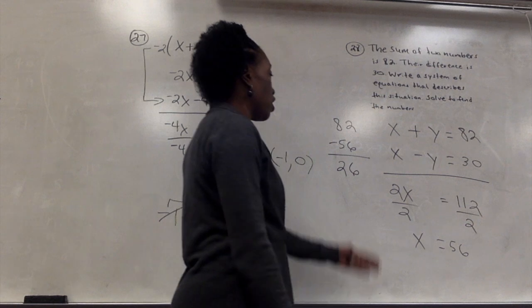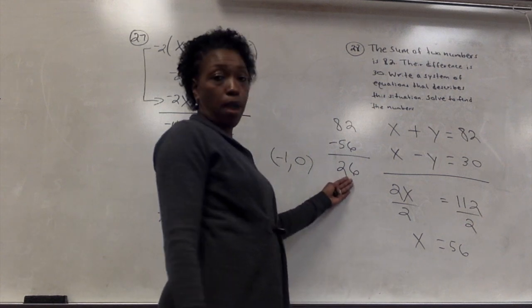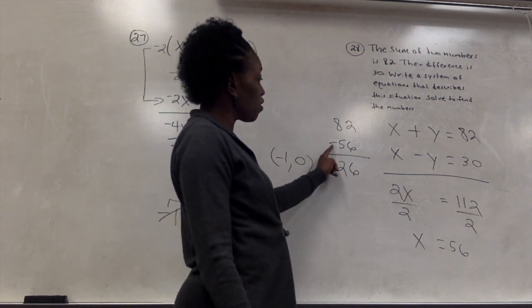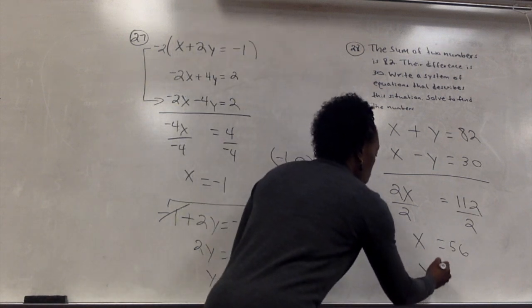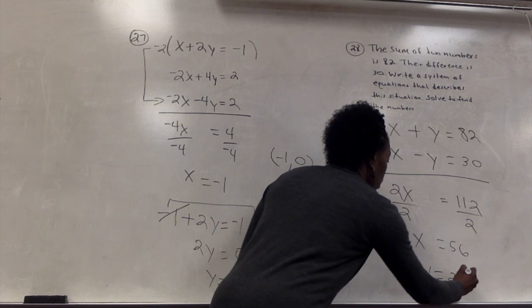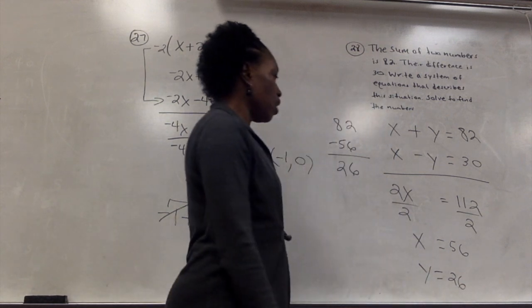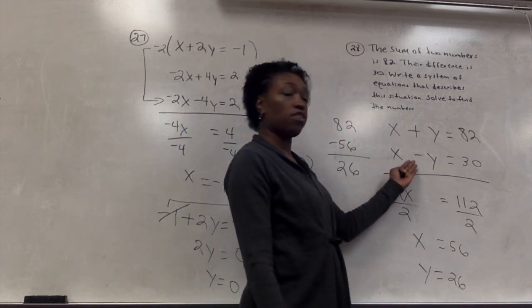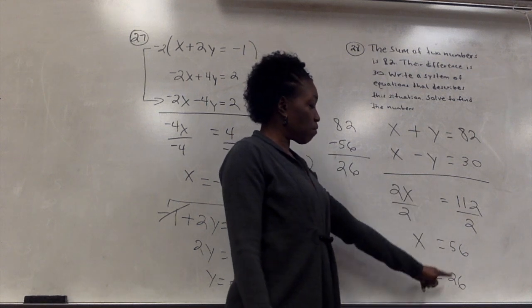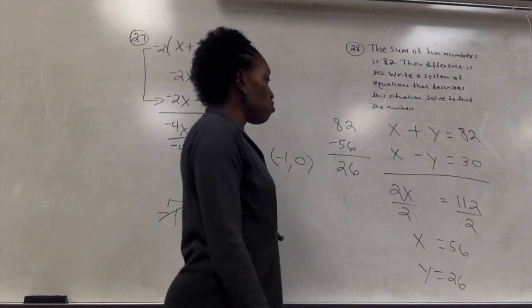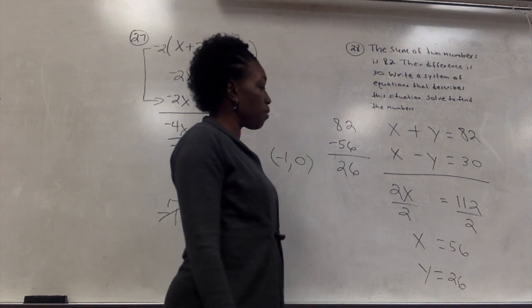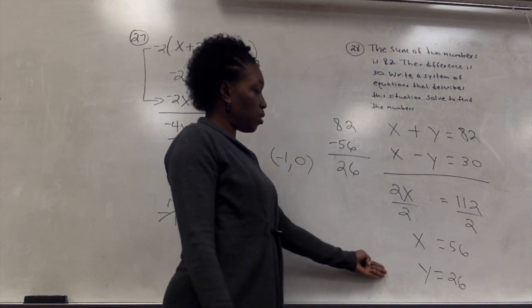And I see that 26 would have to be my y because when I add 26 and 56, that gives me 82. So that means y is equal to 26. And once again, if I plug it into this equation, 56 minus 26 will give me 30. So now you see your solution in this problem is 56 for x, 26 for y.